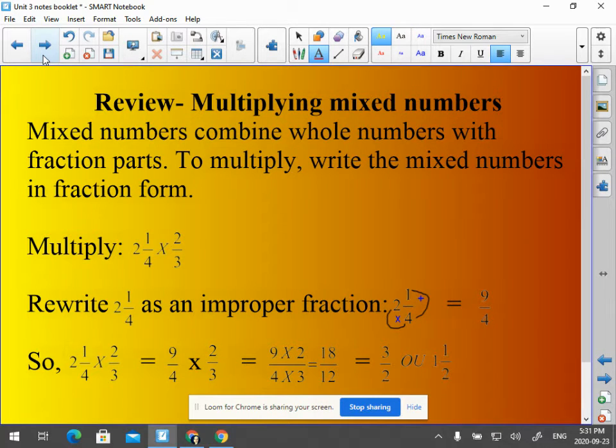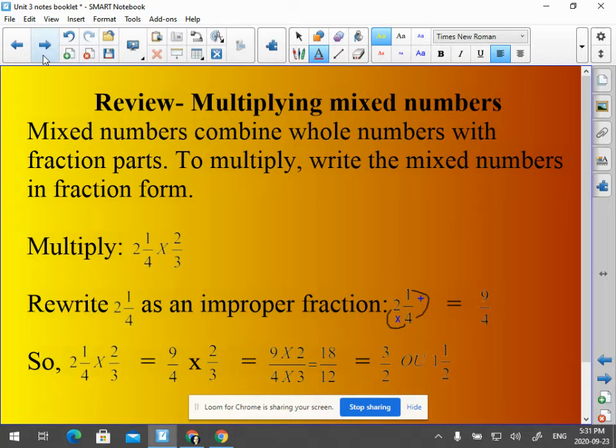When we are multiplying mixed numbers, it's a little bit different, not crazy complicated, but mixed numbers combine whole numbers with fraction parts. So in order to multiply, we write the mixed numbers in fraction form.